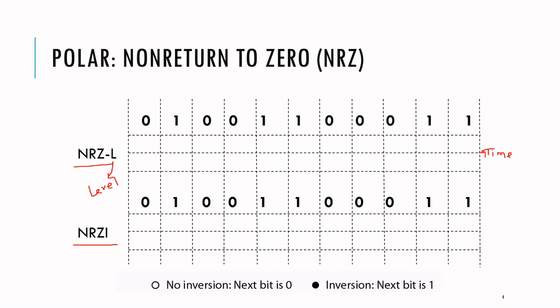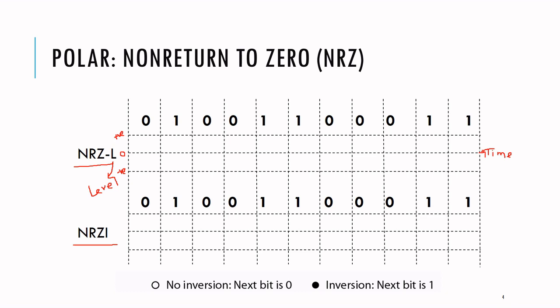The level of the voltage determines the value of the bit. All right, so let's first mark, this is going to be our 0, this is going to be positive, or you can just call it +1, and this is going to be our negative axis, okay? So the level for 0 is positive and that for 1 is negative in NRZ-L.